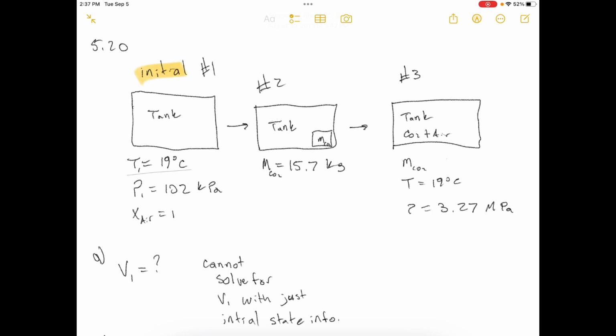Okay, so this is our initial state. We've got our tank here. First, it's at 19 degrees Celsius, and it's at the barometric pressure, and it's all air. Then we drop this block in. We know that it has a certain mass, and we put that into the tank, but we don't care what the volume of this is because they said it's negligible. So it doesn't actually occupy any volume in the tank as a solid.